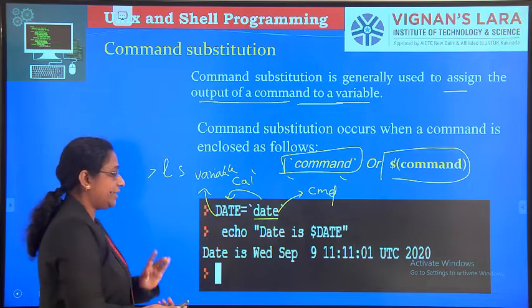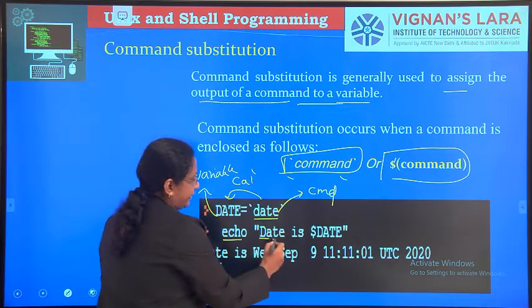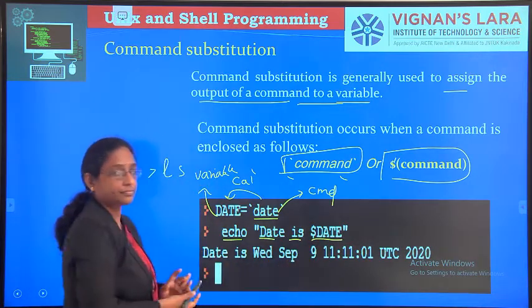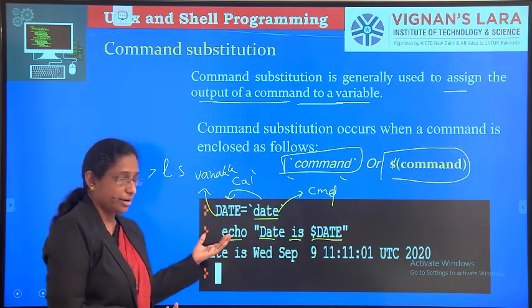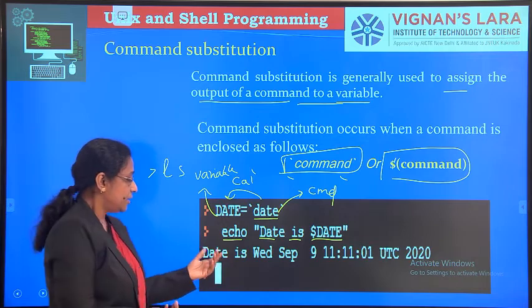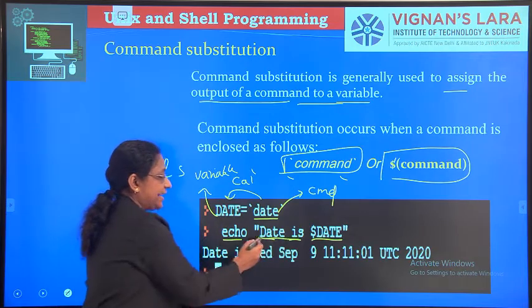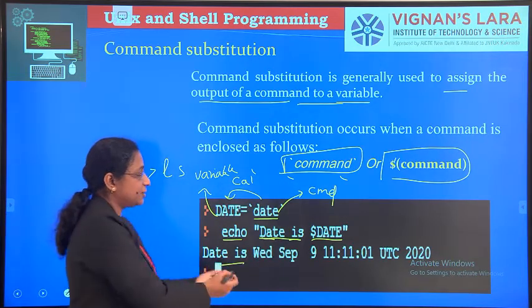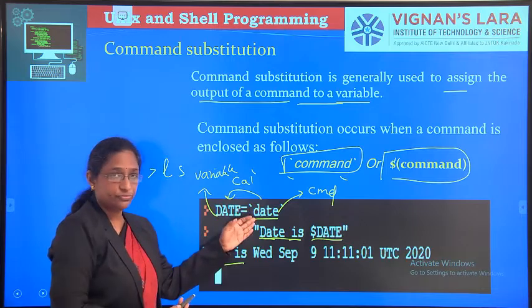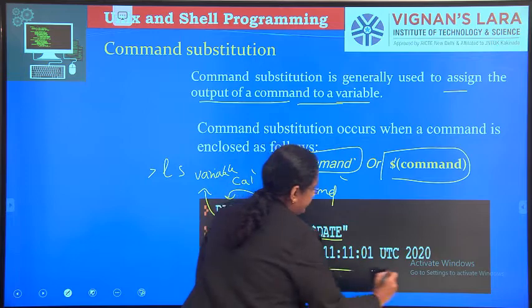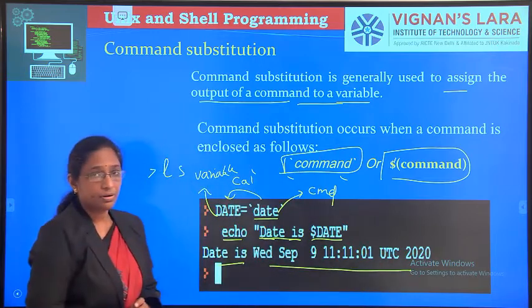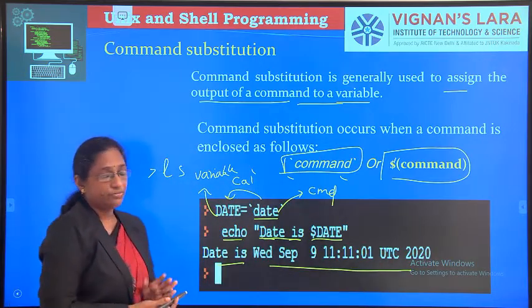After that I am saying echo date is $date. This echo command now displays it. "Date is" is the text I have given, and whatever the current date is, stored in the date variable, will be displayed here. That is one example of command substitution.